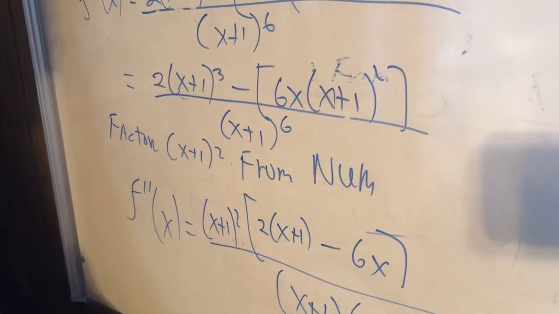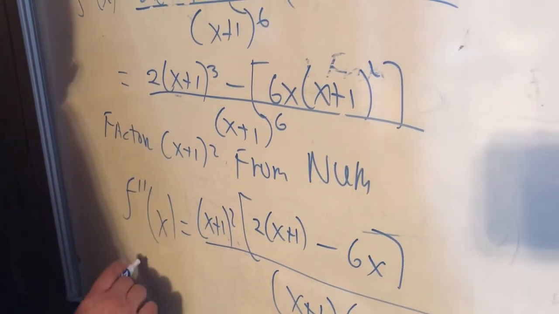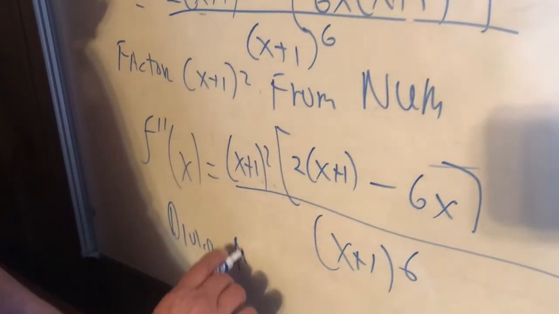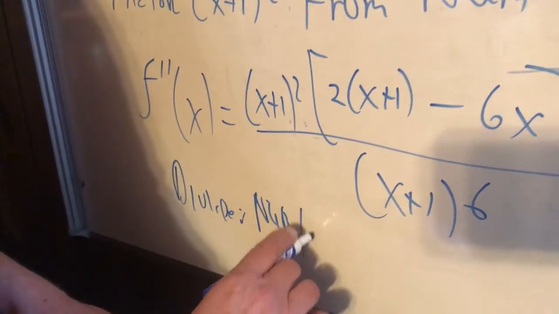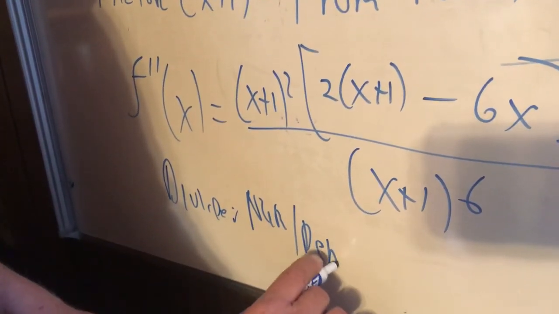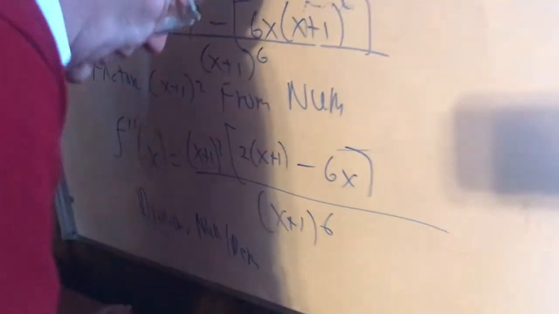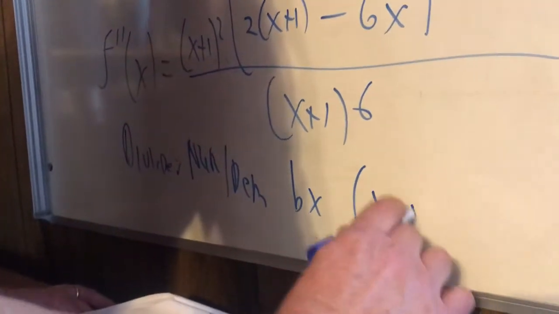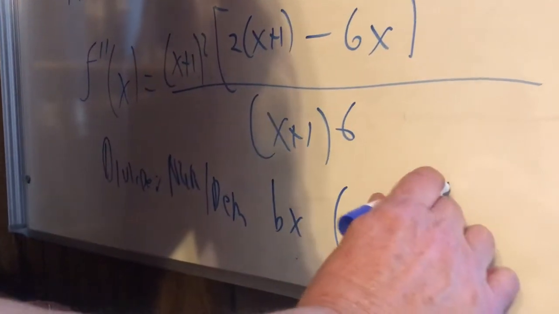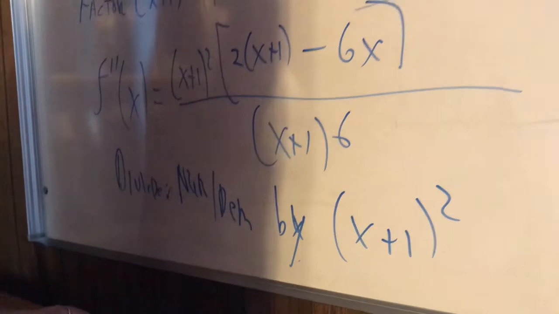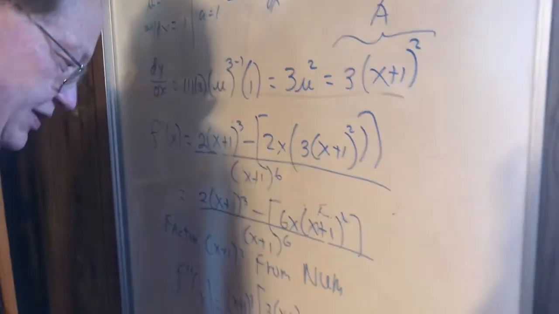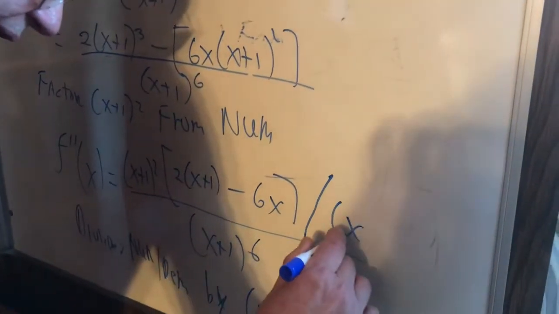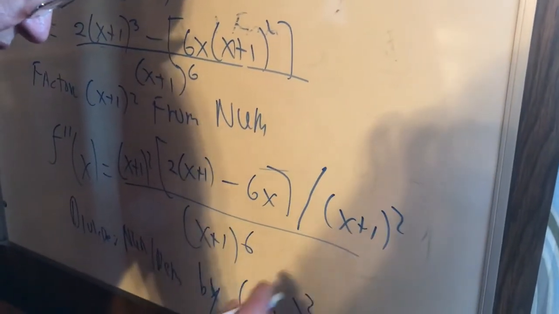But before I do that, I'm going to divide the numerator and the denominator by (x plus 1) squared. So I can put that over here if you want. I can put divide by (x plus 1) squared.